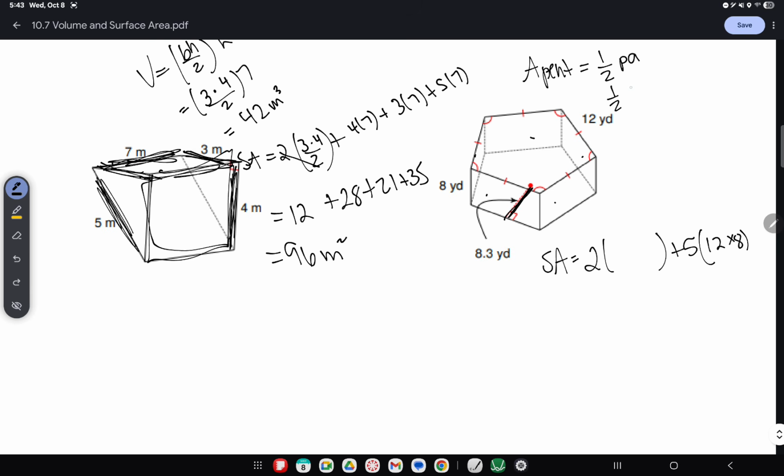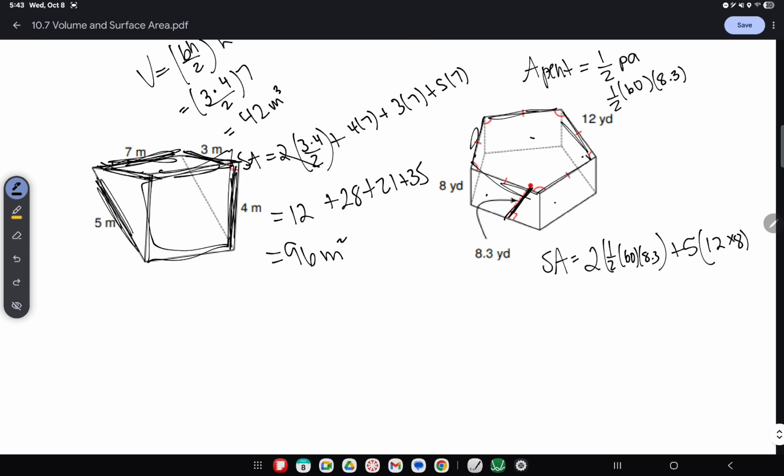So we'd have 1/2 times 8.3 and then times the perimeter. Well, if it's 12, 12 times 5 is 60. So I will write that here. 1/2 times 60 times 8.3. So now we'll just throw that in a calculator.